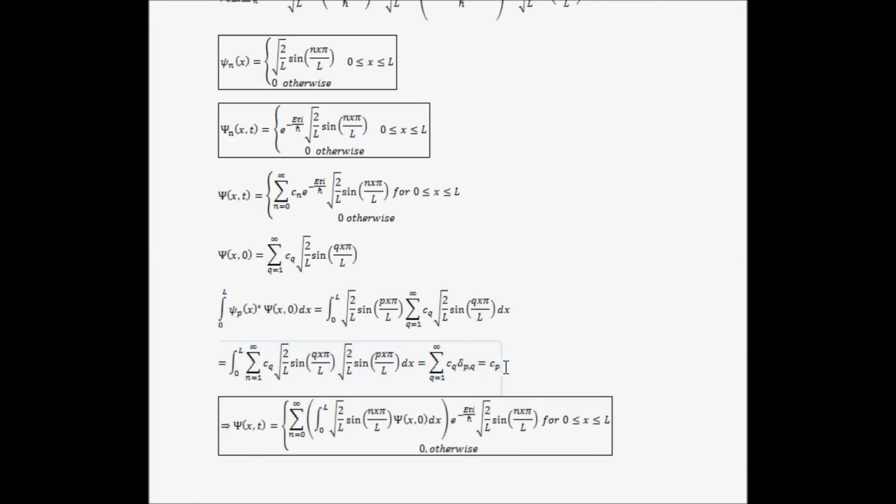We said that Cn, or Cp, whatever, is equal to this, which is the integral of this thing, which is sine of n pi x over L, multiplied by this, which you could also write in terms of the sum of these things, but sometimes you just want to write it in terms of the initial wave function that you know. So knowing the initial wave function, you can work out what Cn is.